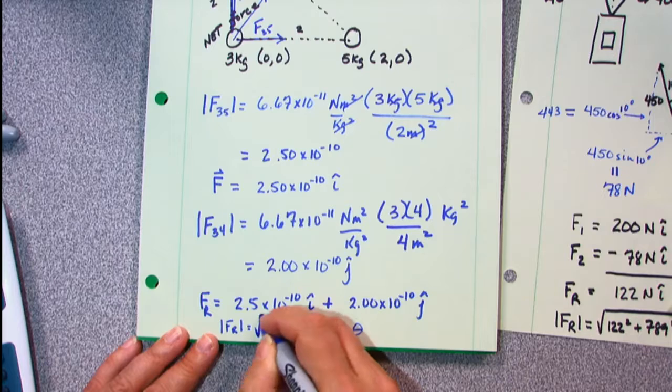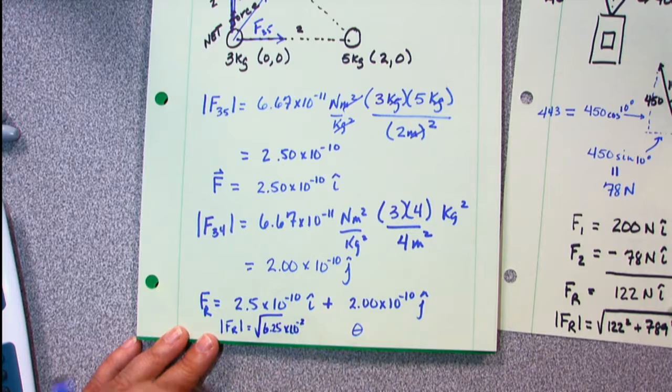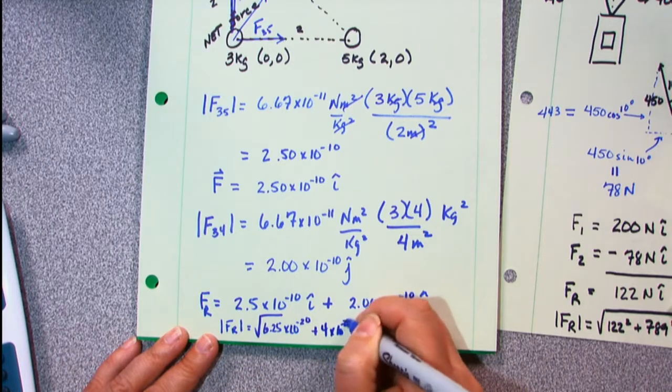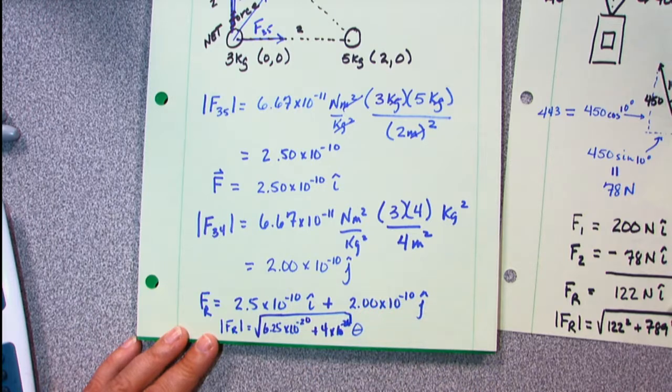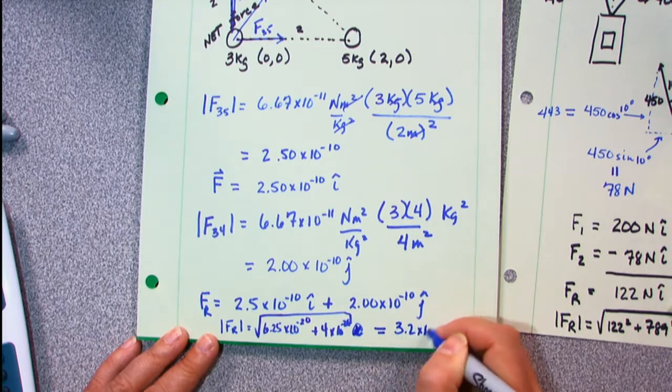So this is going to be the square root of 6.25 times 10 to the minus 20, plus 4 times 10 to the minus 20, all under the square root. So the magnitude ends up being 3.2 times 10 to the minus 10.